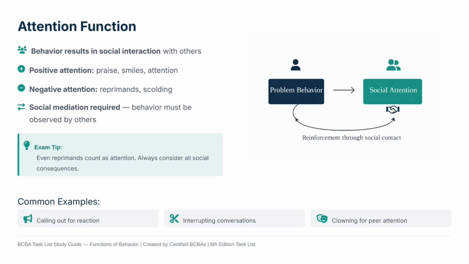In other words, even scolding can strengthen behavior if it consistently follows the behavior and maintains it. The key diagnostic feature here is social mediation. If another person must respond for the reinforcement to occur, then attention may be the maintaining variable. As we move forward, keep that requirement of social mediation in mind. It becomes critical when we compare attention to automatic reinforcement.